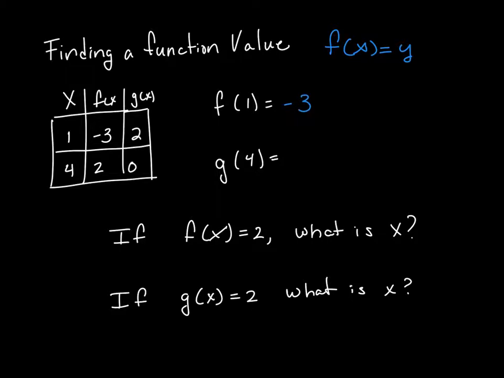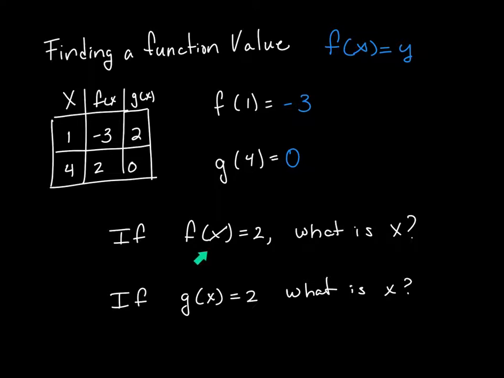Now, the next one, this indicates that my function is called g. The name and the letter on the outside just gives us a different value to look at. So this is saying g of 4. So my x value is 4. My output this time here is 0.